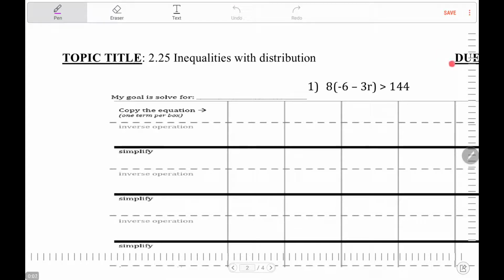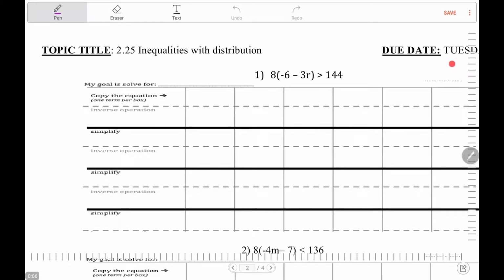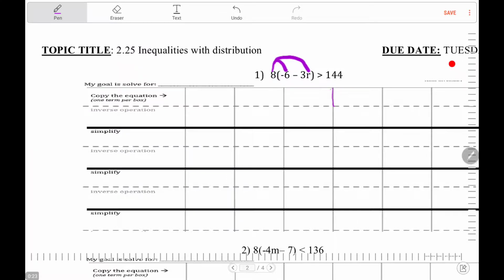Hi everybody, we're going to continue solving inequalities, but this time we have an extra step, which is distribution. So we're going to distribute this 8 by multiplying by -6 and -3r. Okay, so let's make our box.